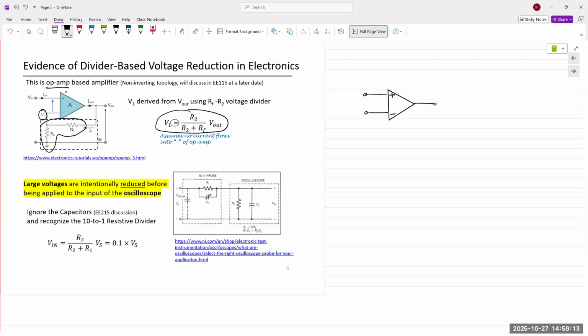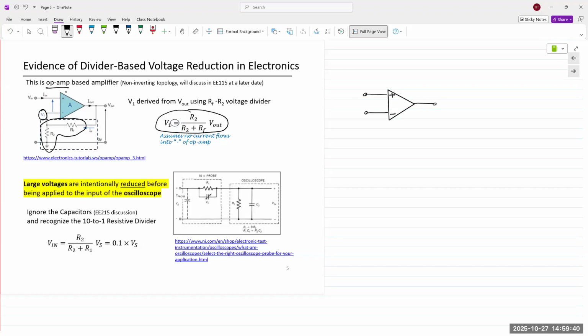Same equation. So a portion of the output is fed back into the input, hence the name RF. But again, same application of resistors: two resistors create a voltage divider network, and a portion of the output is fed back into the input.